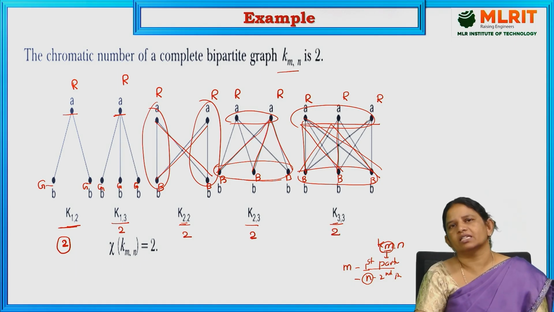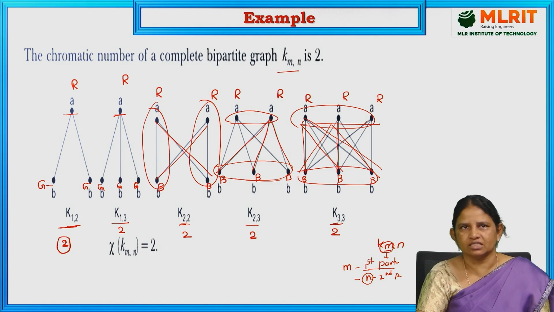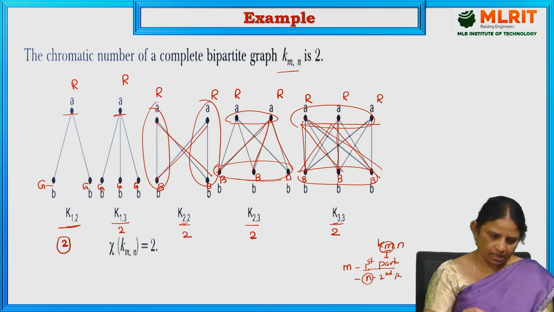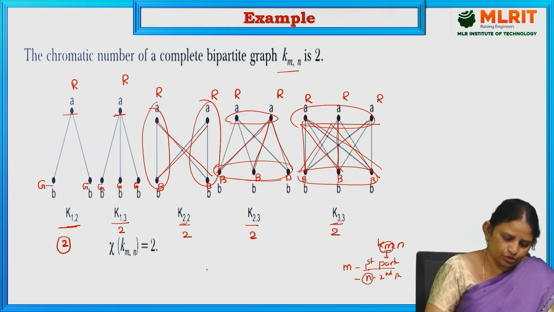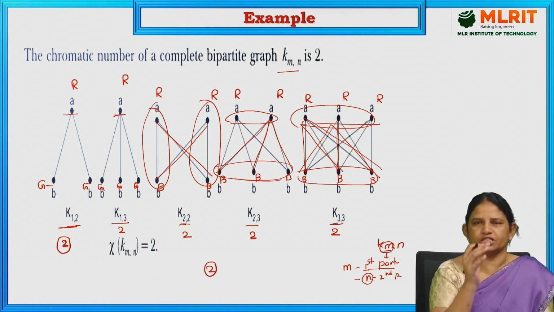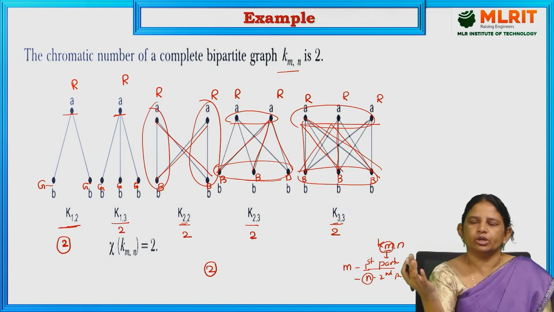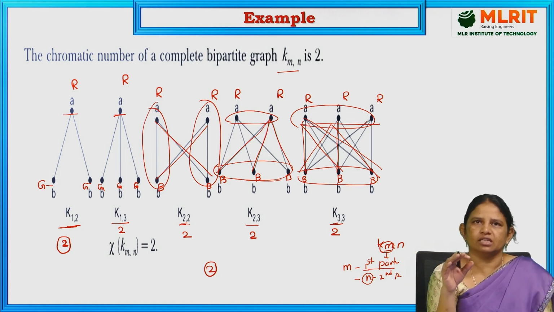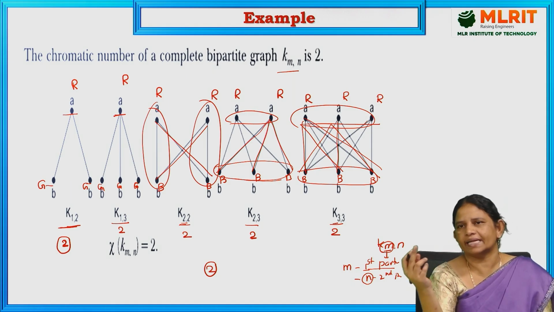So what we can say from all these graphs is that the chromatic number for a complete bipartite graph is 2. A complete bipartite graph means every vertex of the first partition is connected to all vertices of the second partition. For the cyclic graph, if the number of vertices is odd, the chromatic number is 3.